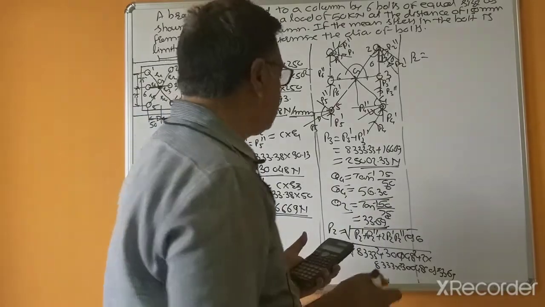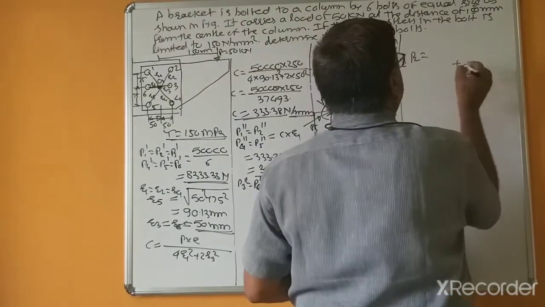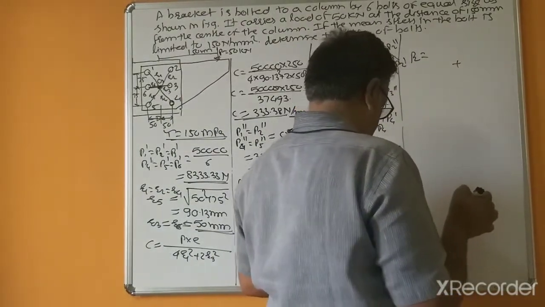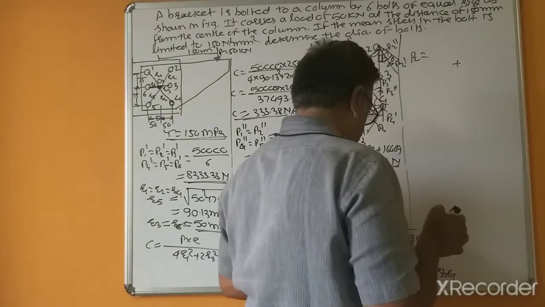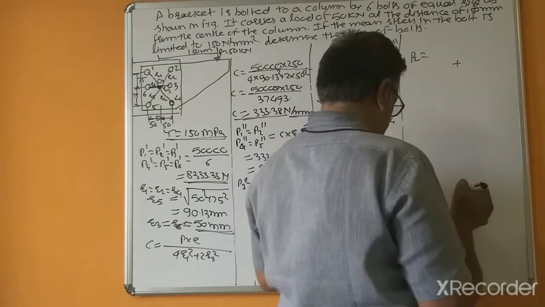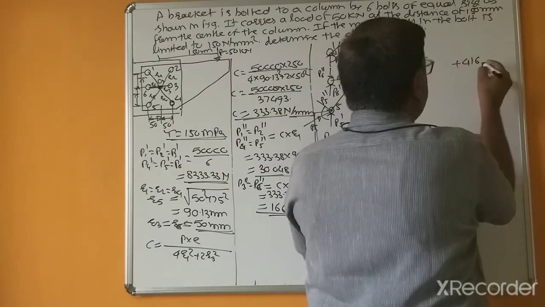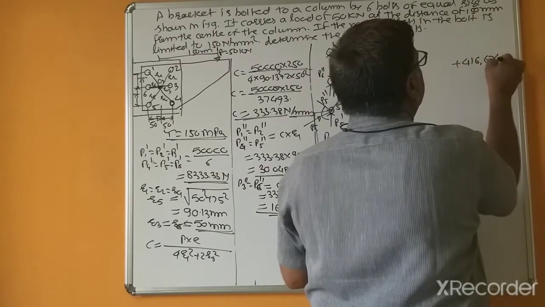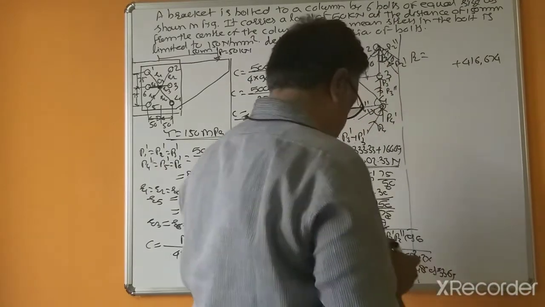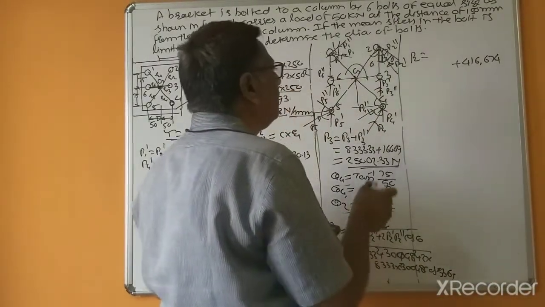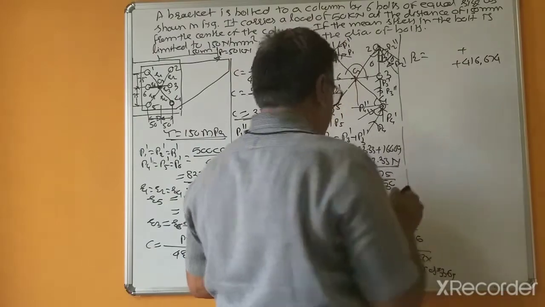This is the third term, 416,674. Plus the first term directly.